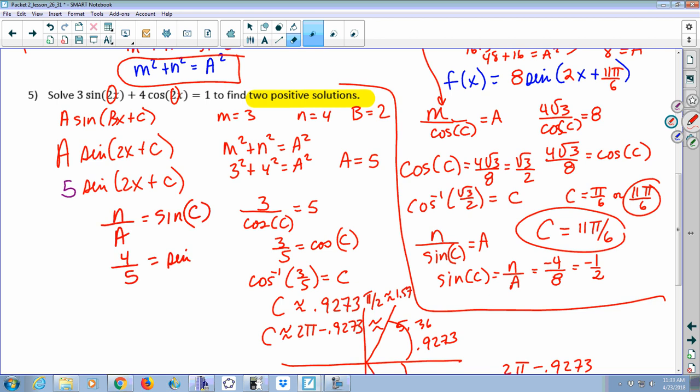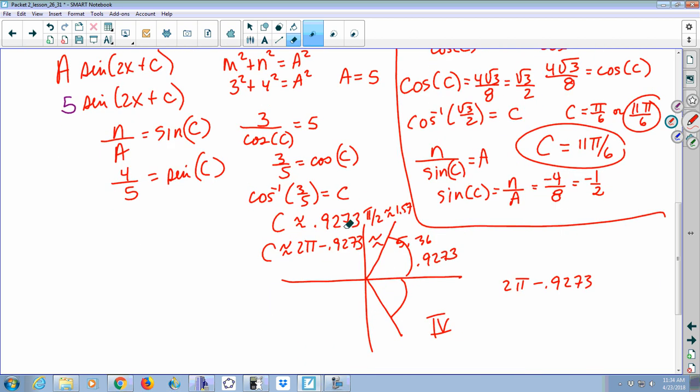Oh, so sine of C is also positive. So that helps you figure out whether it's this value or that value. Since sine is positive as well, we know it's going to be the angle in our first quadrant. So we're going to use the 0.9273. We cross out this value and go with this value for C.